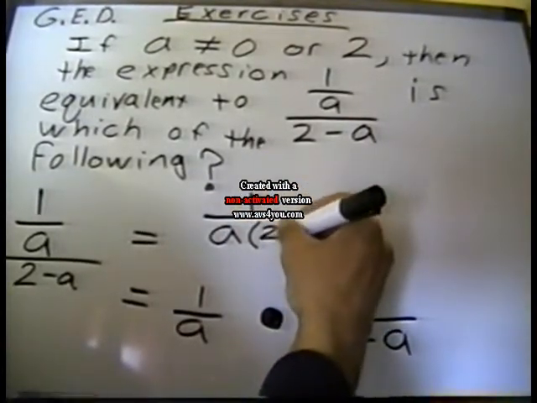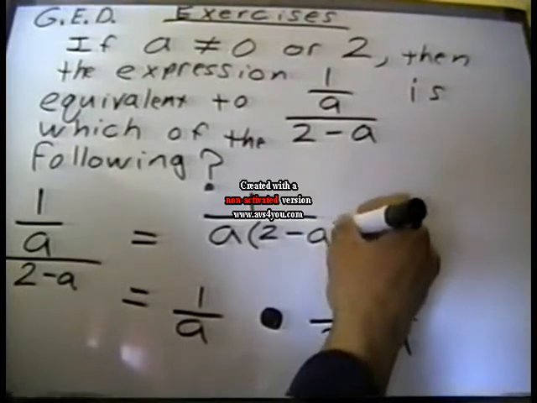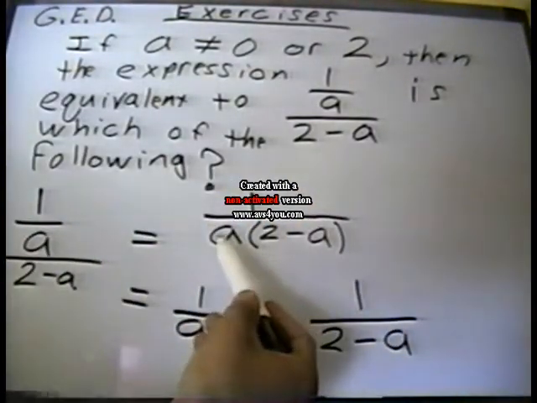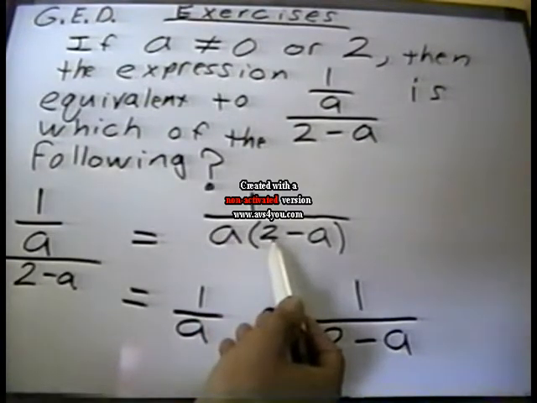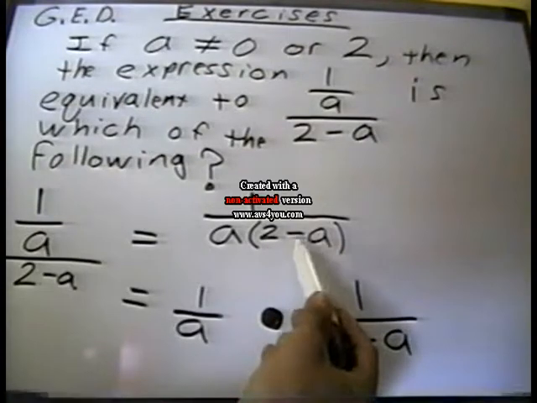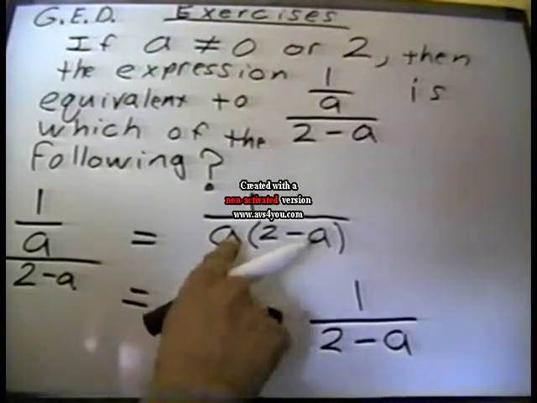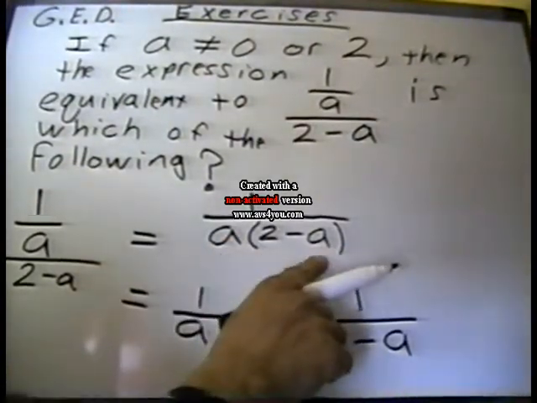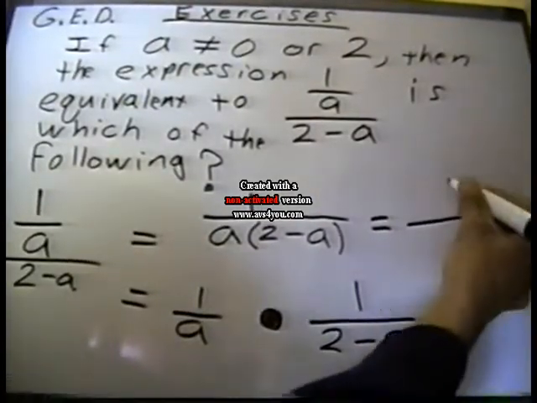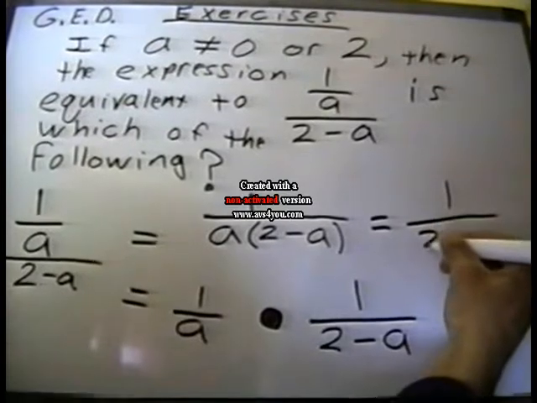it then becomes 1 over a by 2 minus a. And here the a gets distributed into the term. You multiply a by 2 and you multiply a by a.